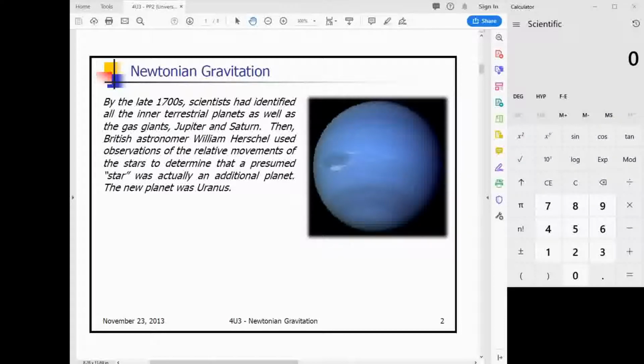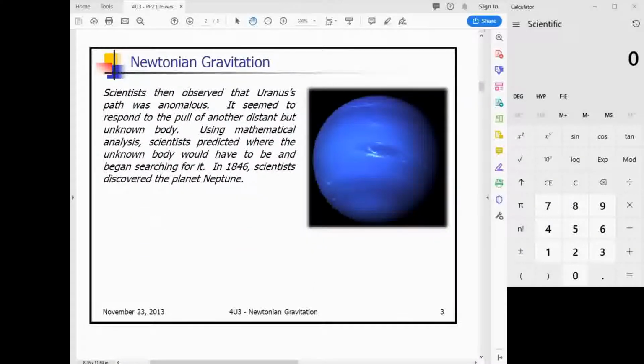Exoplanets is what we call them. Before the search for exoplanets, though, we needed to find all the planets in our solar system. In the late 1700s, William Herschel was a British astronomer, and he was observing the movements of the stars and noticed that there was something odd about the movement of one, and that ended up being the planet Uranus.